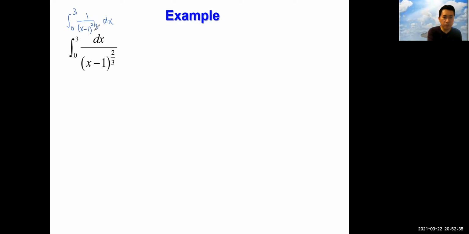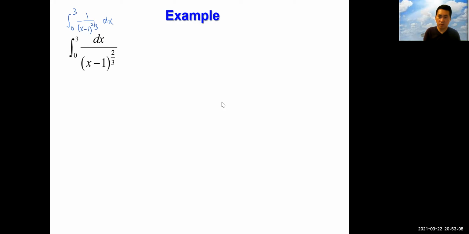So the first thing we do is look at this function, 1 over x minus 1 to the 2/3. You can graph it in the calculator to see what it looks like. But I can tell that this function is definitely not continuous at 1, and 1 is in between 0 and 3. So this is case 3 of type 2, where the function is not continuous in the middle of the interval.